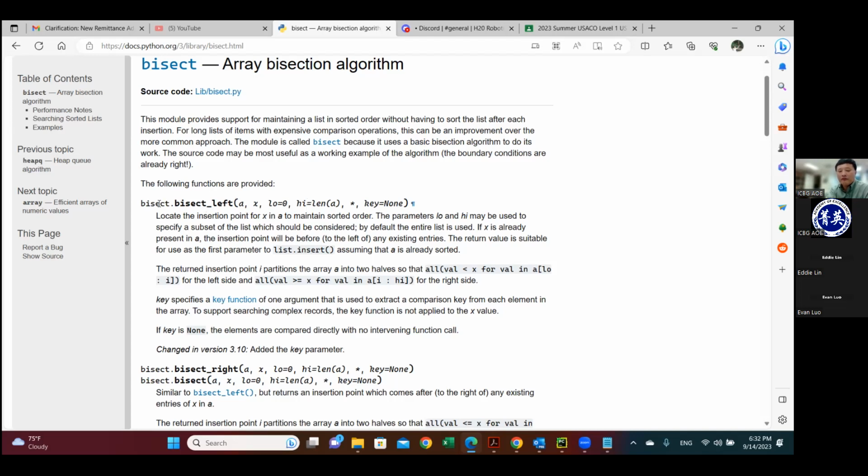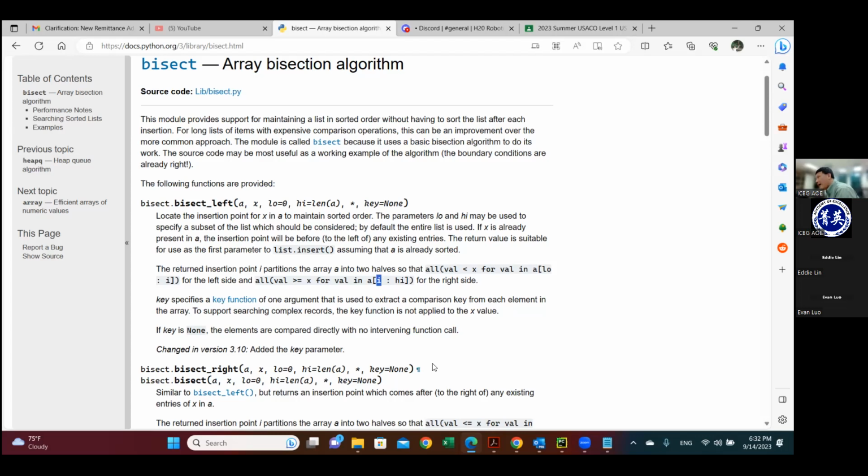So it will return the value at the position. When you put it in, that will be your position. So it will split your list, and if this value is less than all the values, it will return the i value for you.